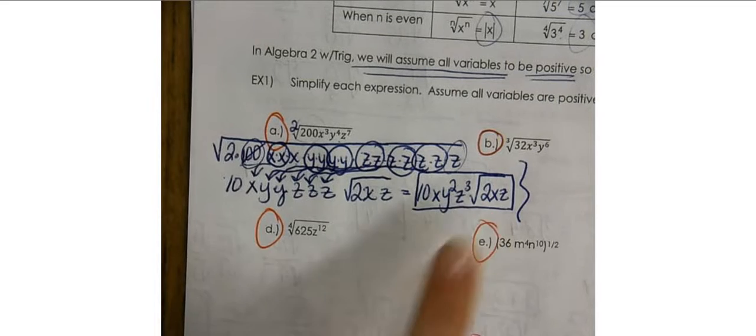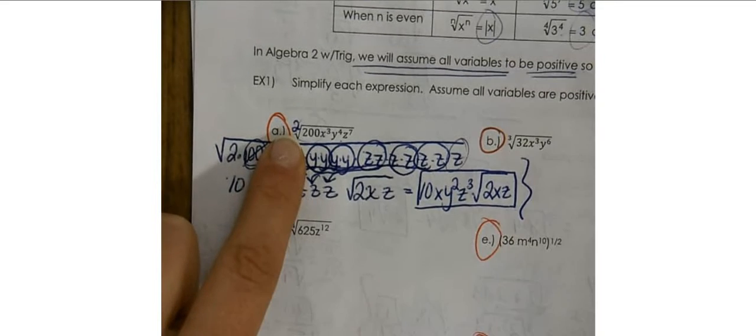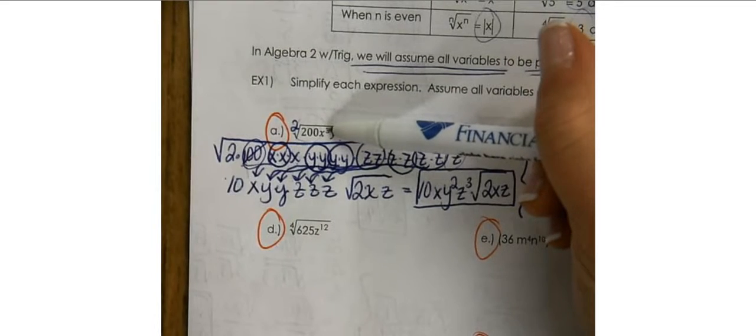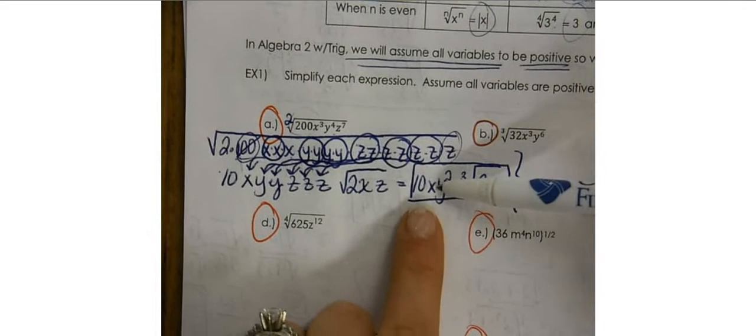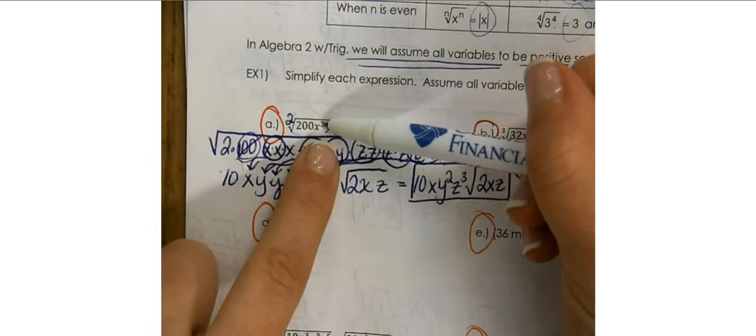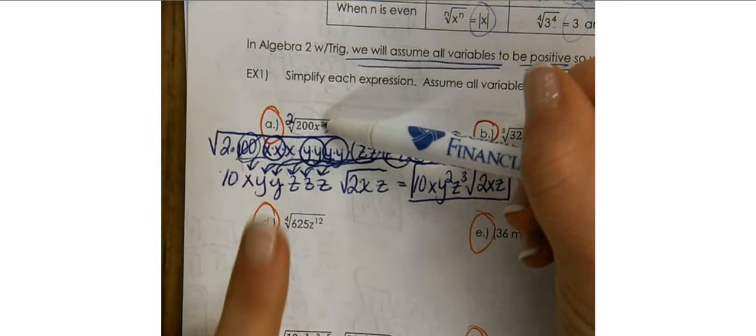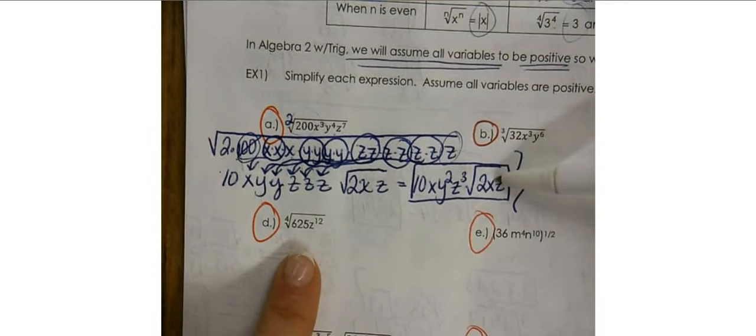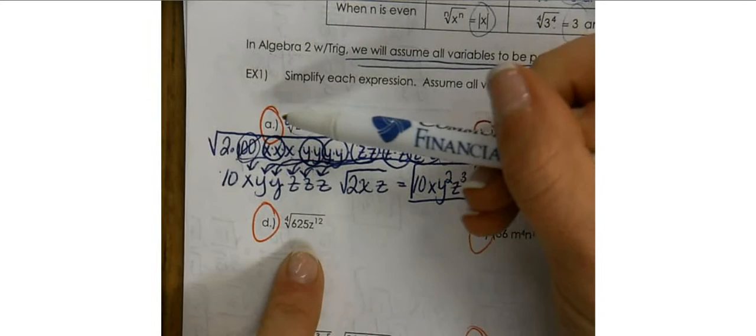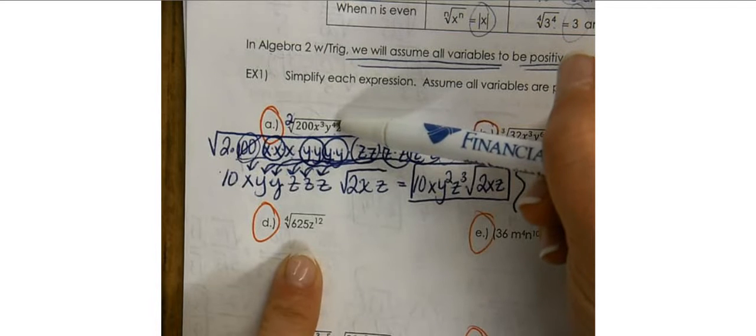Watch this. 2 can go into 3 one whole time. So notice that 1x came out. 2 can go into 3 one whole time with 1x left over. Left over under the root is 1x. 2 can go into 4 2 whole times with nothing left over.